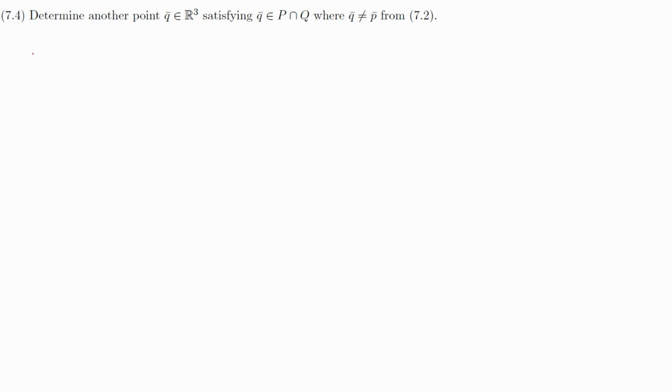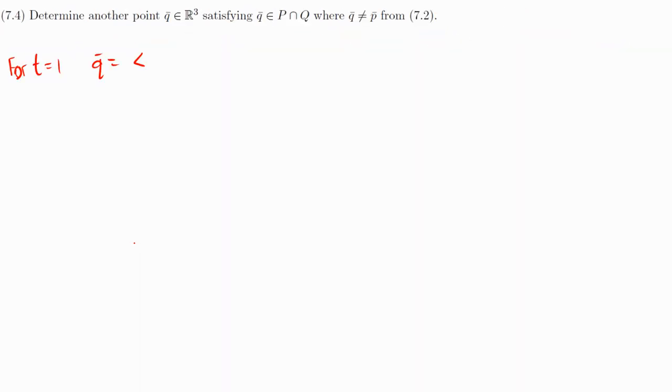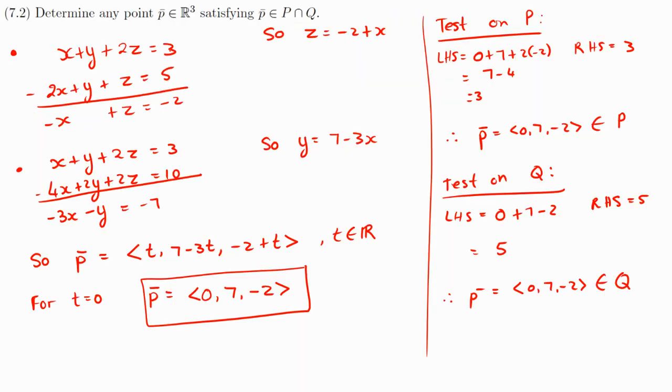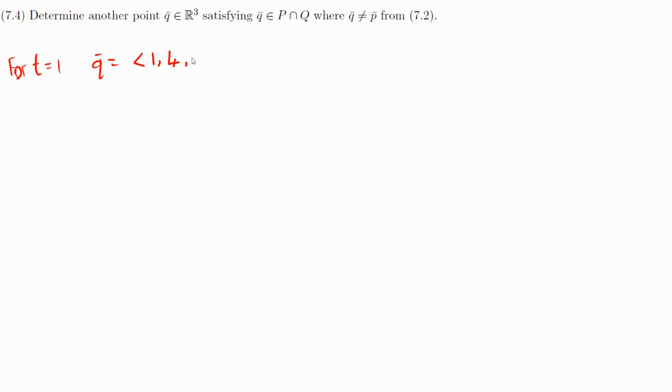We can say at t equals 1. So for t equals 1, Q is then equal to, let's just replace a 1 in here. So Q is 1, 7 minus 3, which is 4, and then minus 2 plus 1 is just minus 1.